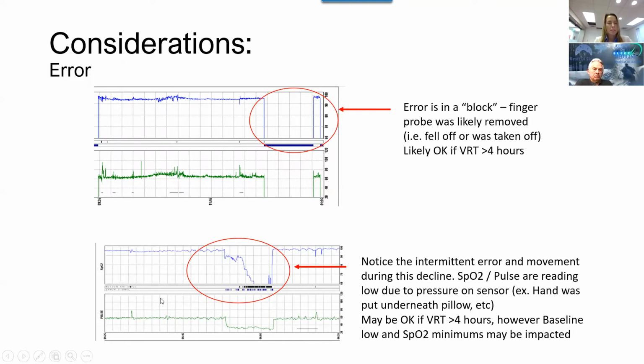In this bottom example here, what we see is a very unusual or quick drop off with a lot of intermittent error signal in this situation here.